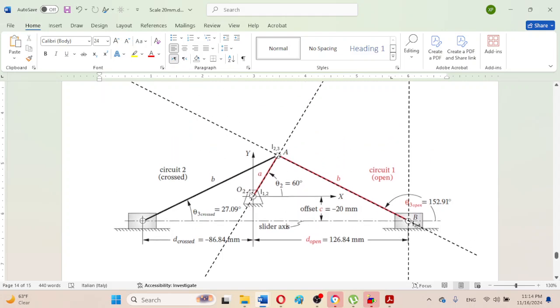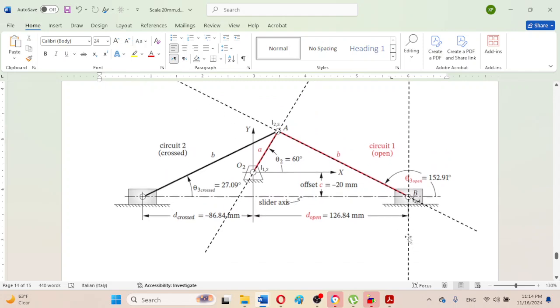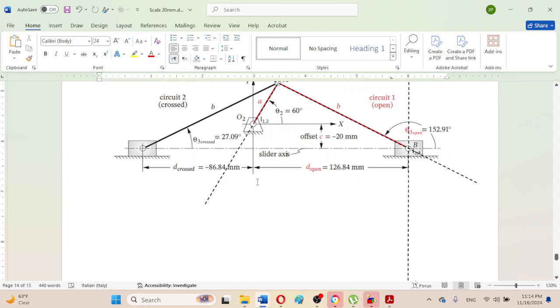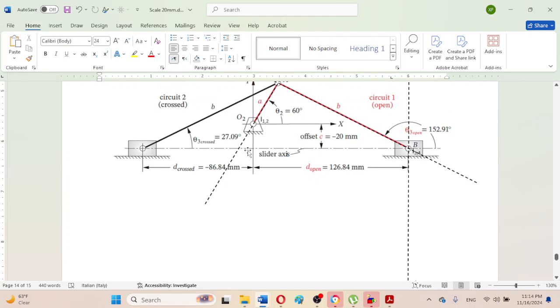That parallel line will be passing through this permanent instant center I1 comma 2, and as we are familiar from geometry, parallel lines do intersect at infinity.